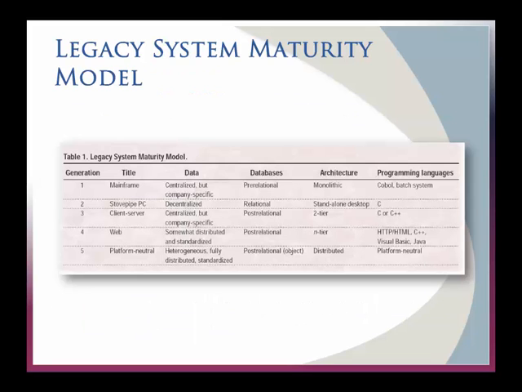There's something called a legacy system maturity model that I just want to show you because you've got these different generations. The first generation is what we call mainframe. It's monolithic. Everything is wound into one system. The second is a stovepipe PC, which is very similar to a mainframe. It just runs on a smaller computer. The third is client-server, where we were splitting.